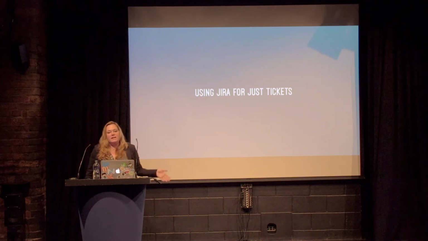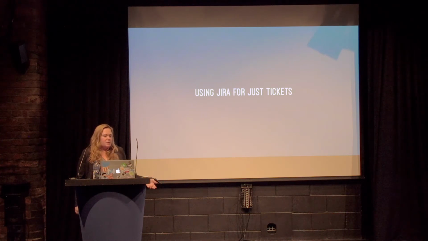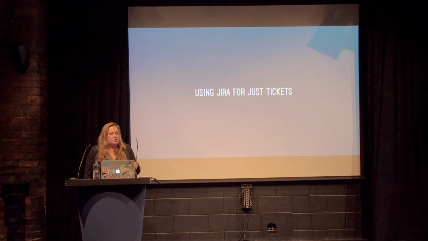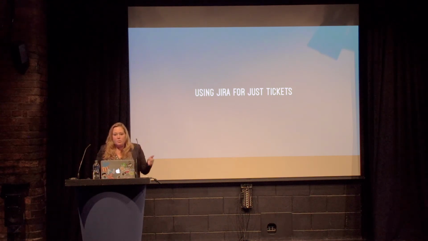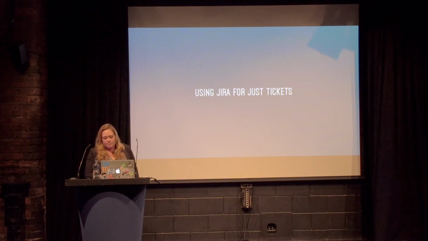Don't use Jira just for ticketing. I've seen this used too often as well. Jira is a really powerful tool, and if you're just creating tickets and assigning them to your developers and then moving them through the process of to do, in progress, done, that's great, but you're not using a process. You're just using a ticketing system.